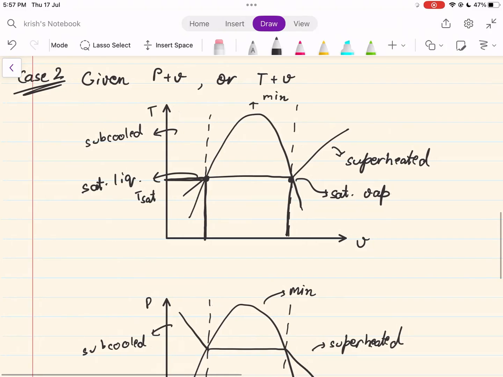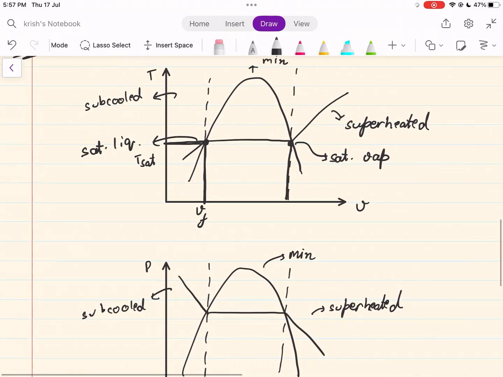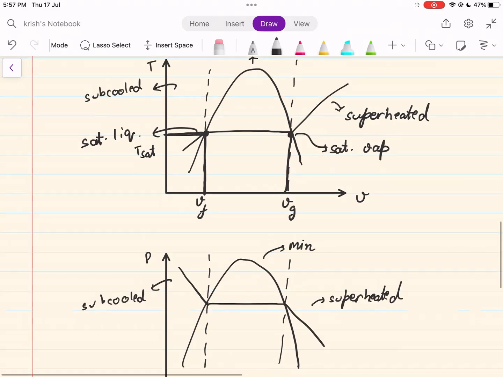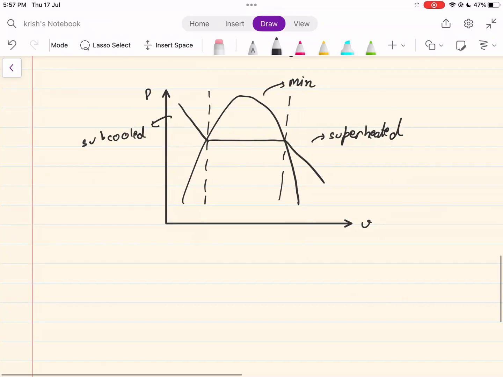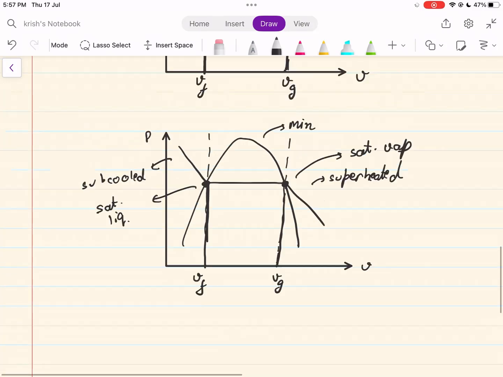So the saturated liquid point is called vf, and the saturated vapor point is called vg. Similarly, over here, as it is a saturated liquid, the corresponding specific volume must be vf, and here, as it is a saturated vapor, the corresponding volume must be vg.